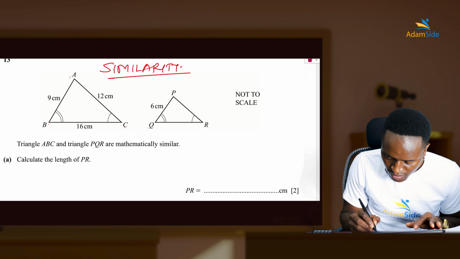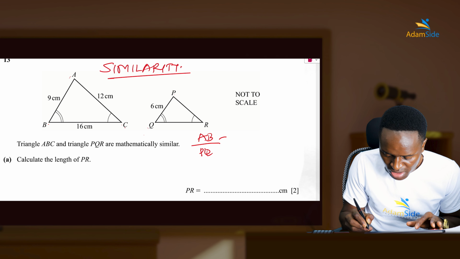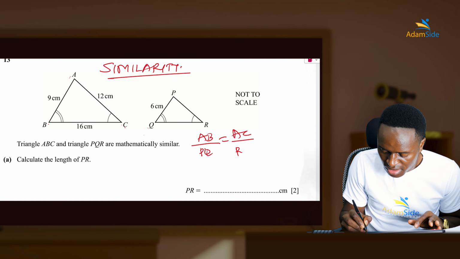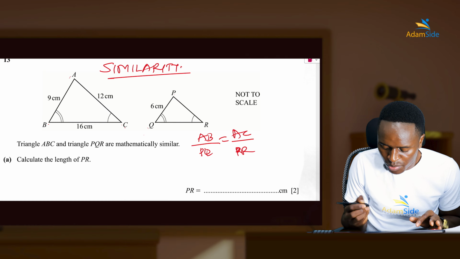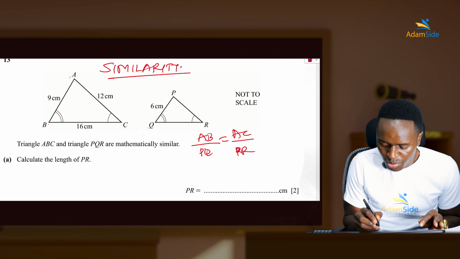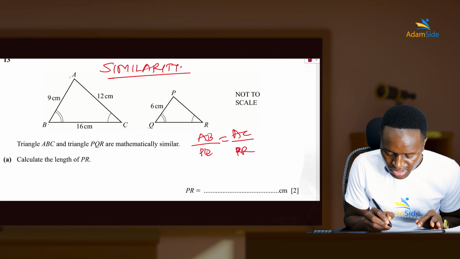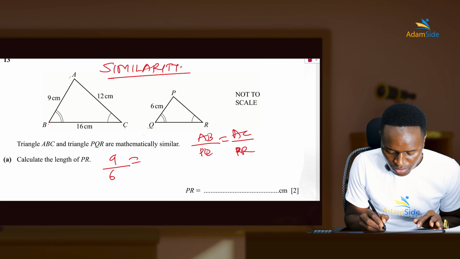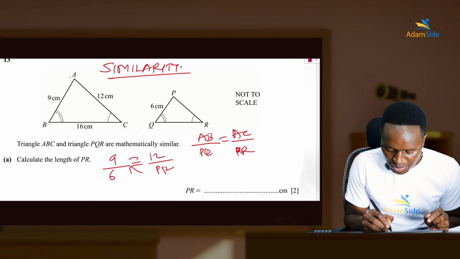AB divided by PQ should be equal to AC, the largest triangle, divided by the corresponding side, because the angles are corresponding. So AB is 9 centimeter over 6 should be equal to 12 over PR.